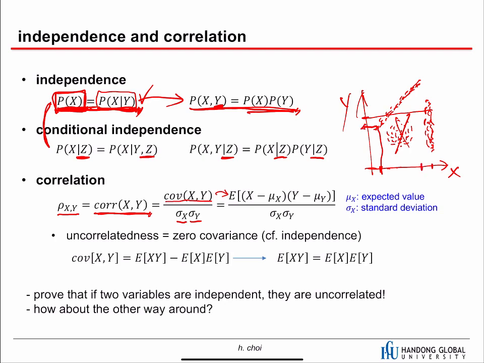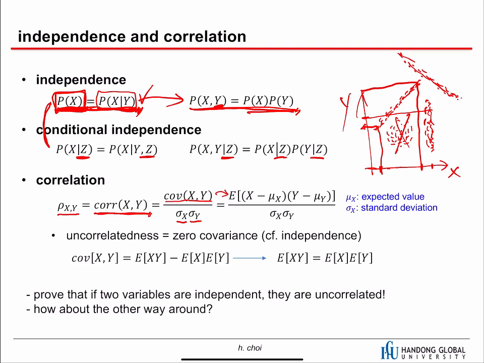If x is around here, then we can say pretty much about y. So we have a strong correlation. What if we have samples like these? Then they have a strong correlation, but in a negative way. So we have a strong negative correlation.